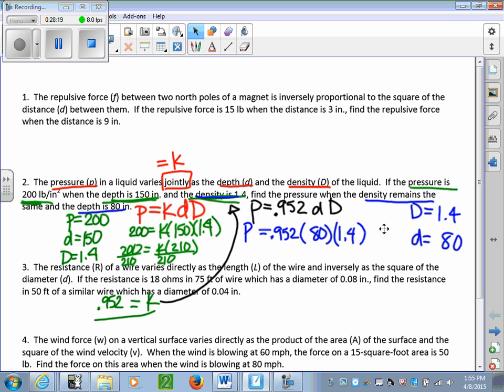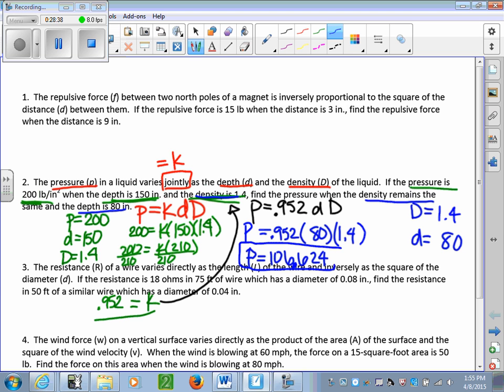So 0.952 times 80 times 1.4 gives me a pressure equal to 106.624. Okay? So that's my answer. Alright, so that's that one. I think that's the only one I'm going to do.